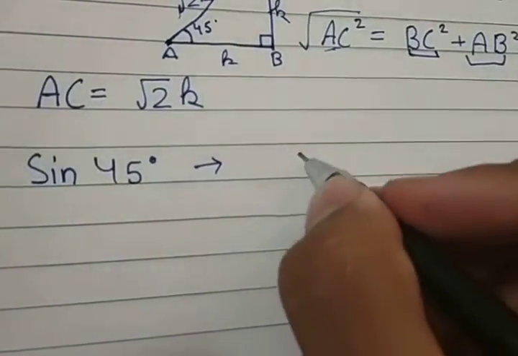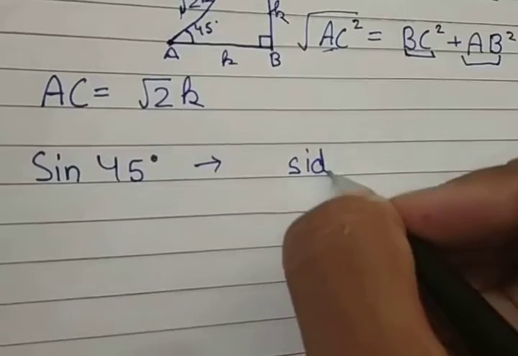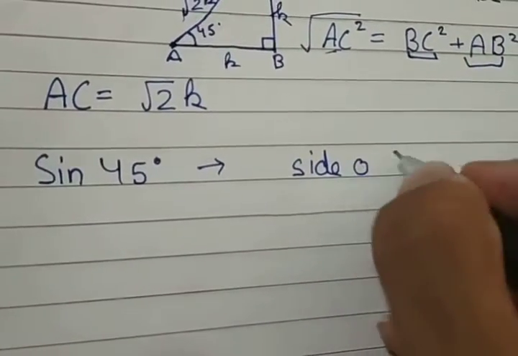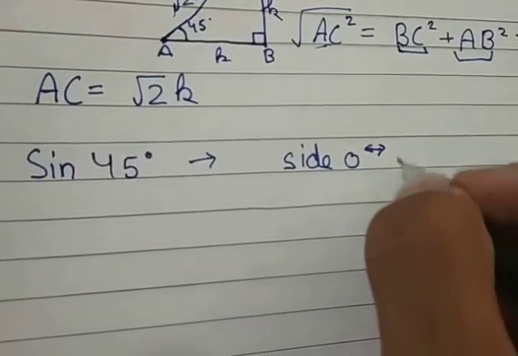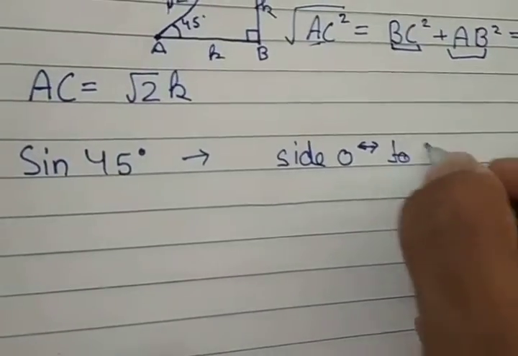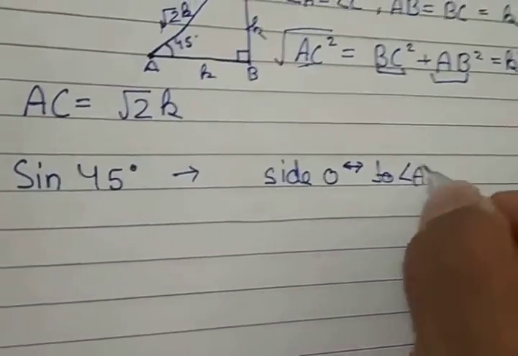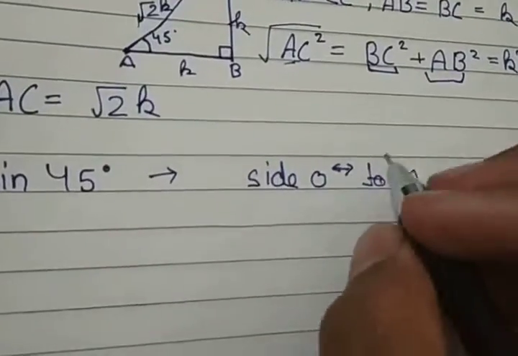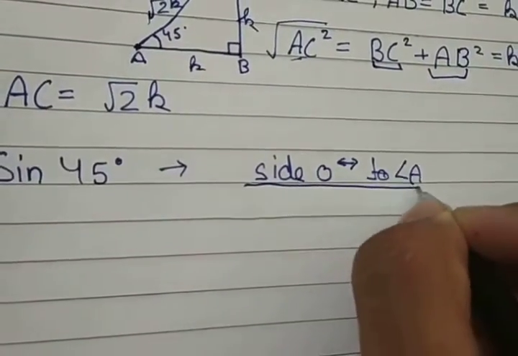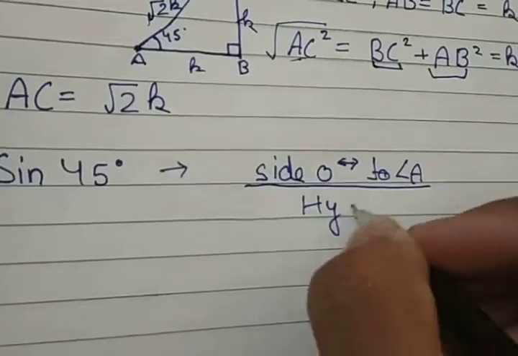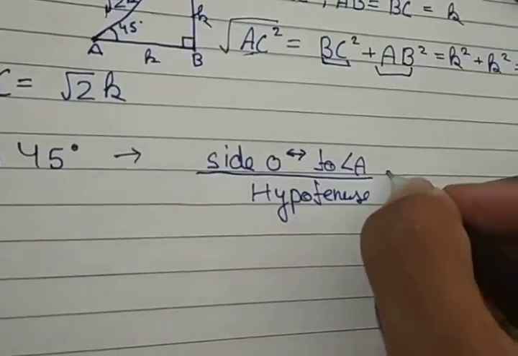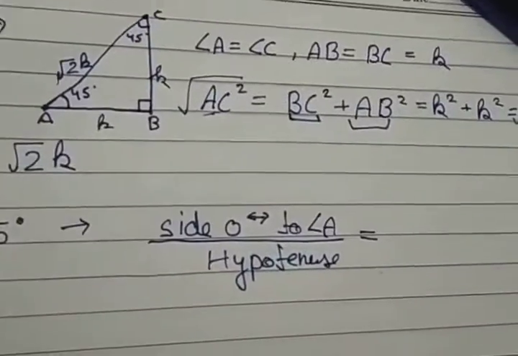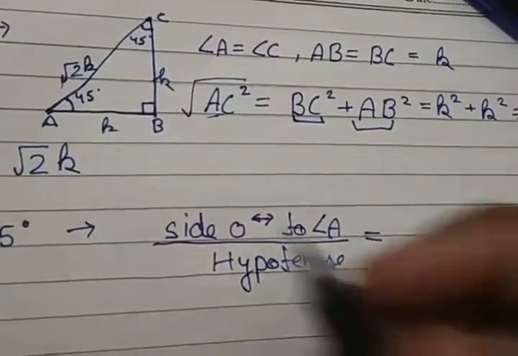It would be side opposite. Let me write side opposite by this symbol. So side opposite to what? Side opposite to the angle theta, in this case the angle A we're talking about, by hypotenuse, which would be equal to side opposite to angle A. Which side is opposite?